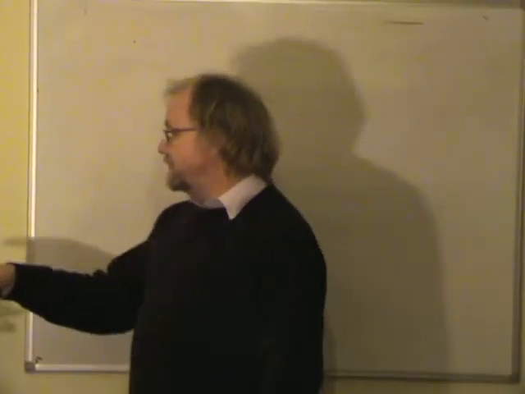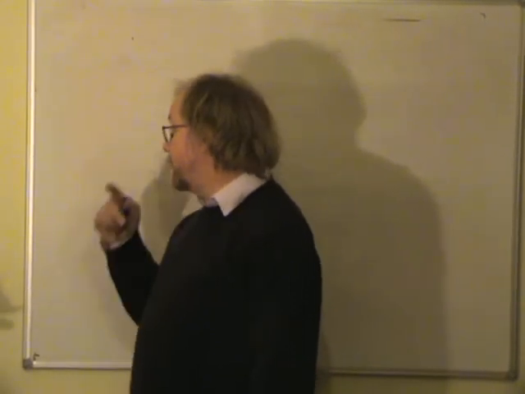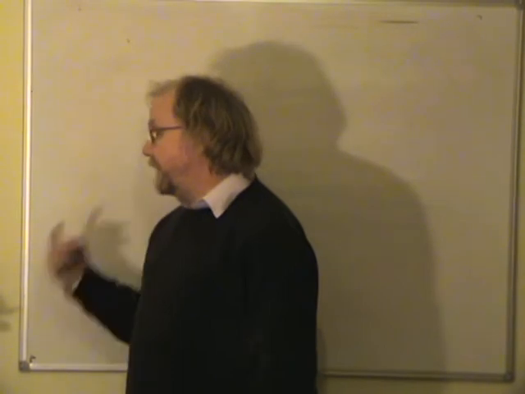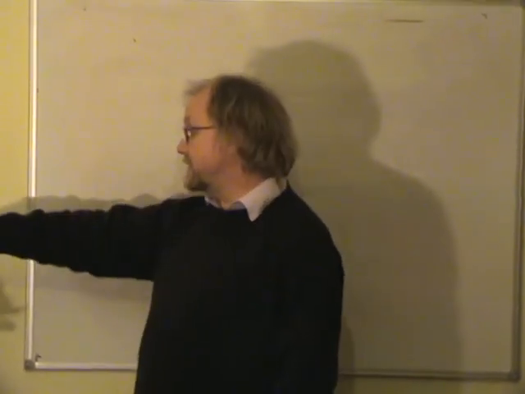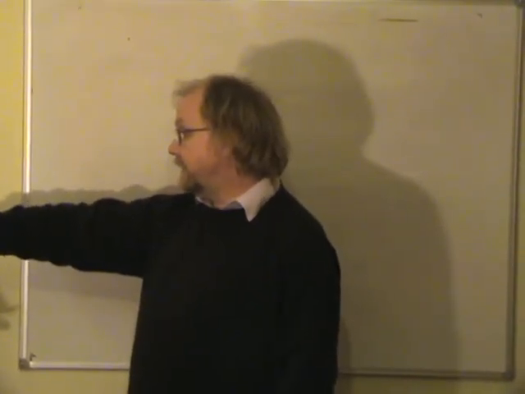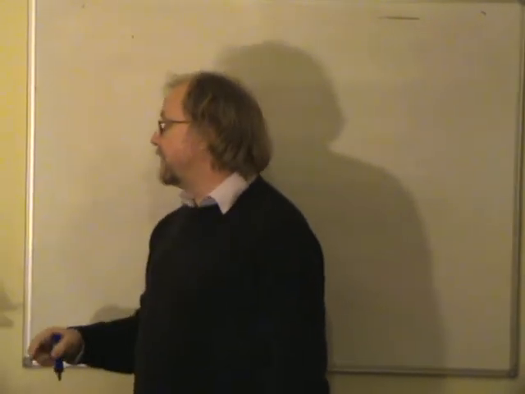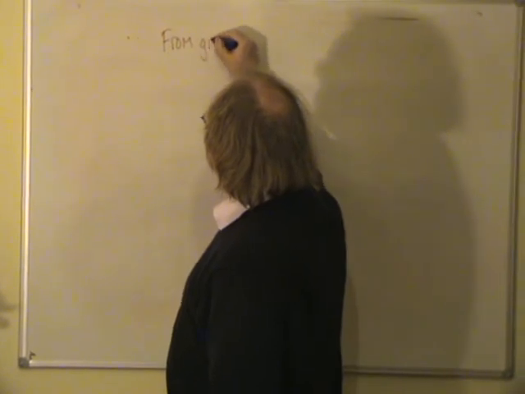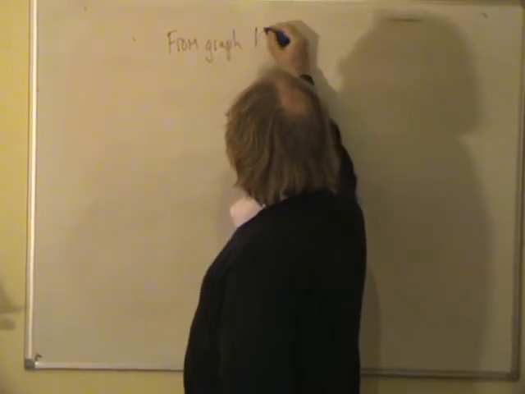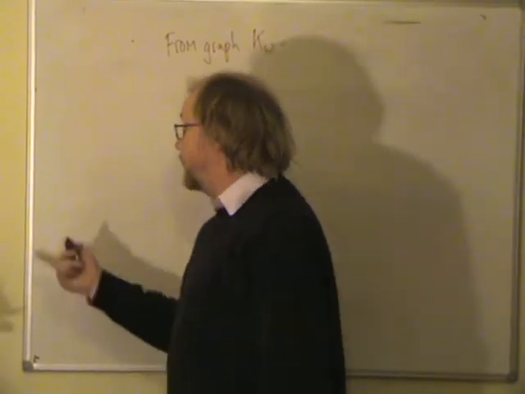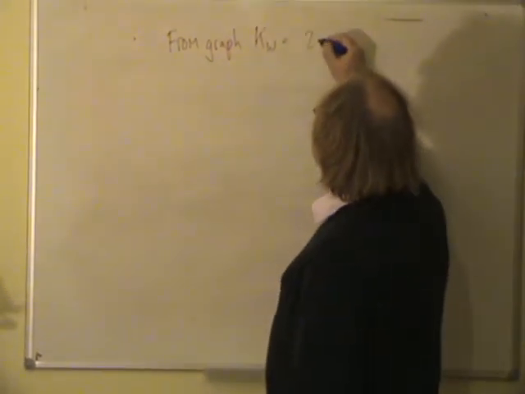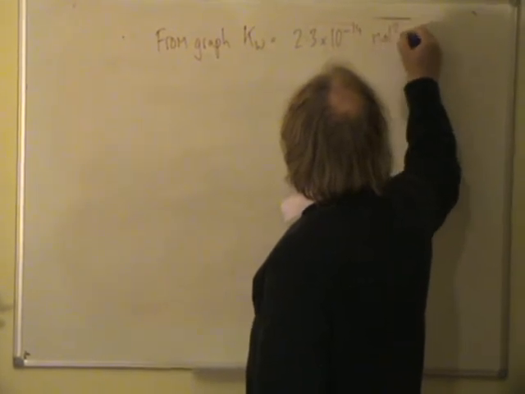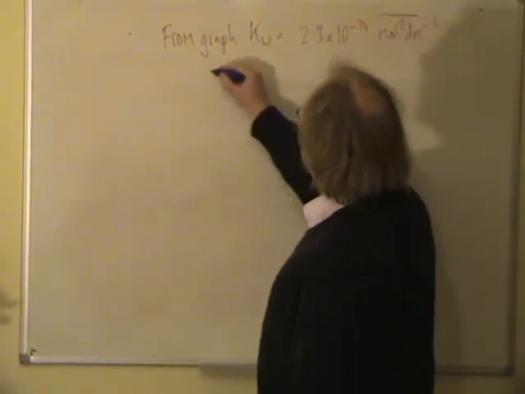So the first thing you have to do is read off from the graph what the value of Kw is at 37 degrees C. And you can obviously only do that fairly roughly because you haven't got a very accurate scale there, but you get from the graph Kw is, and I read off 2.3 times 10 to the minus 14 moles squared dm to the minus 6 at 37 degrees C.